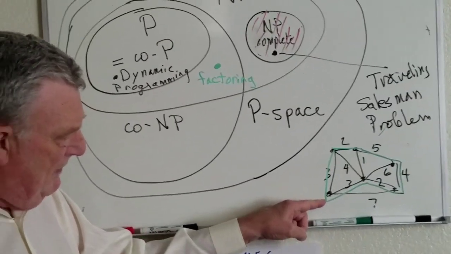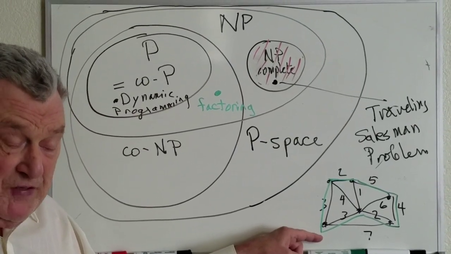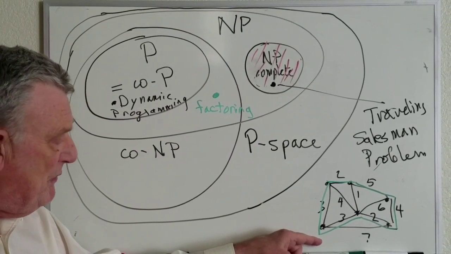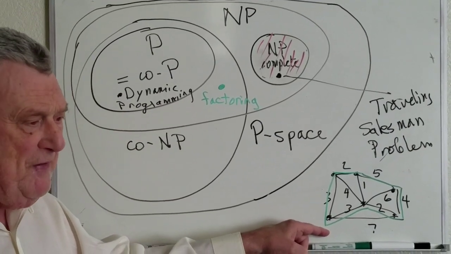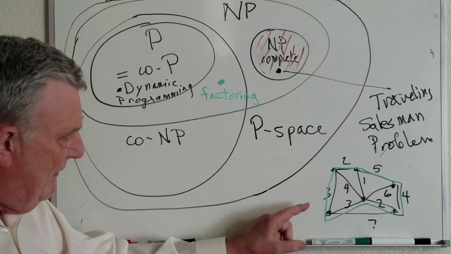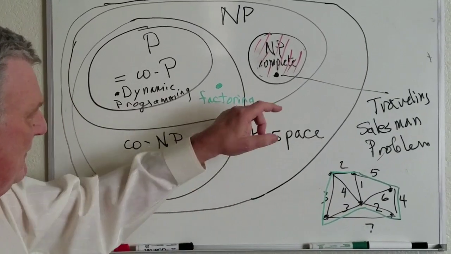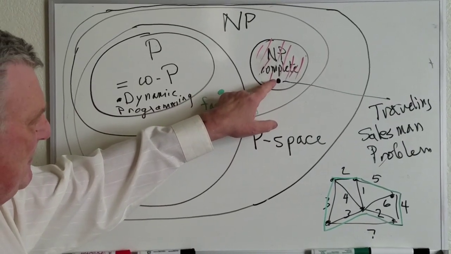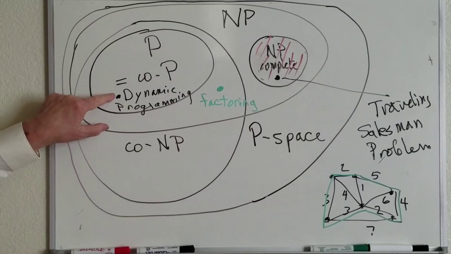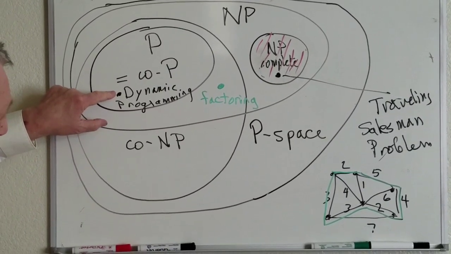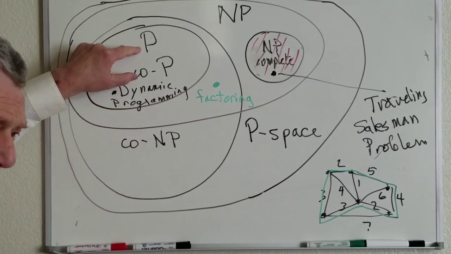Now, the traveling salesman problem, if I write it like, what's the cheapest path, that's not a decision problem. But if I say, is there a path that costs less than 20 or something, then that is a decision problem. And so that problem is in this set called NP complete. We'll get to that. Now let's say we have dynamic programming, which is something you should already know about. That problem is in the class P, or polynomial time.